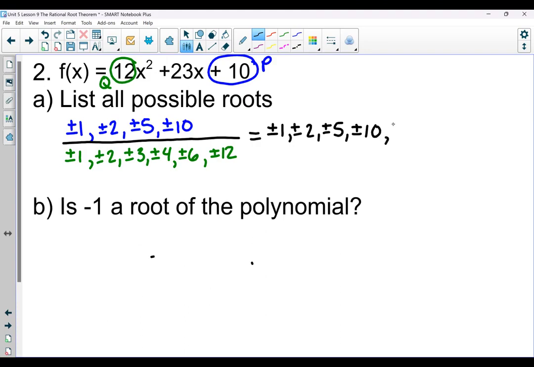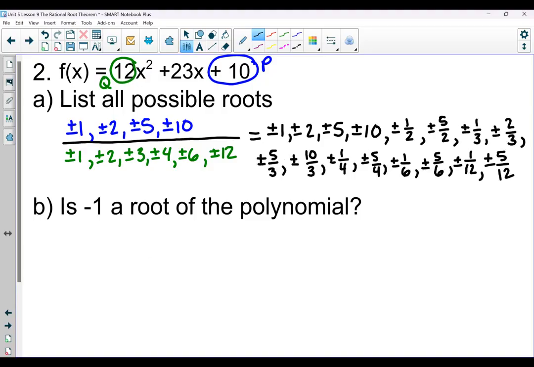So 1 divided by 2 is 1/2. 2 divided by 2 is 1, but I already have that written down, so I'm not going to write it again. 5 divided by 2 is 5/2. And 10 divided by 2 is 5, which I already have written down. We're going to go through and divide those blue numbers by each of our denominators to get our full list. So here's our list of possible roots.